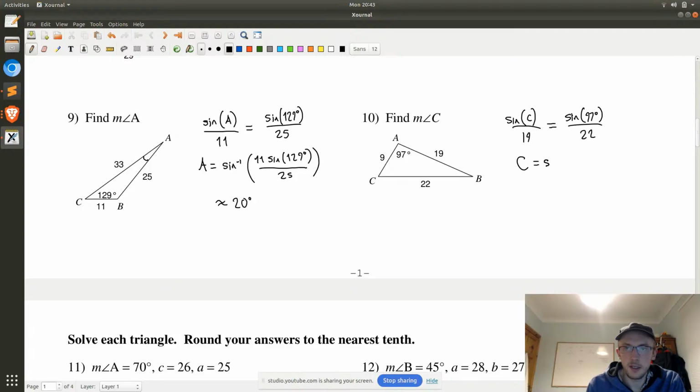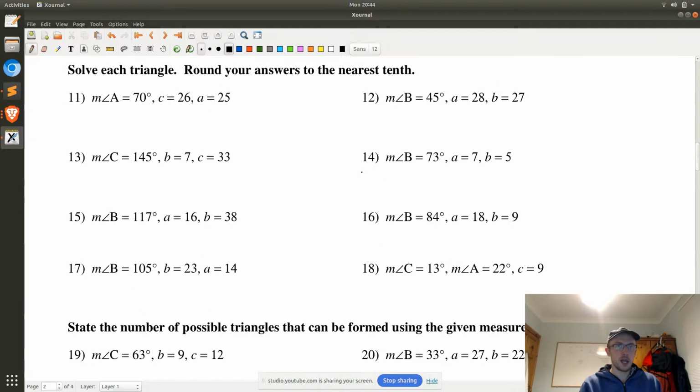So C is arc sine 19... It's about 59. Check them. Yeah, that's all correct.